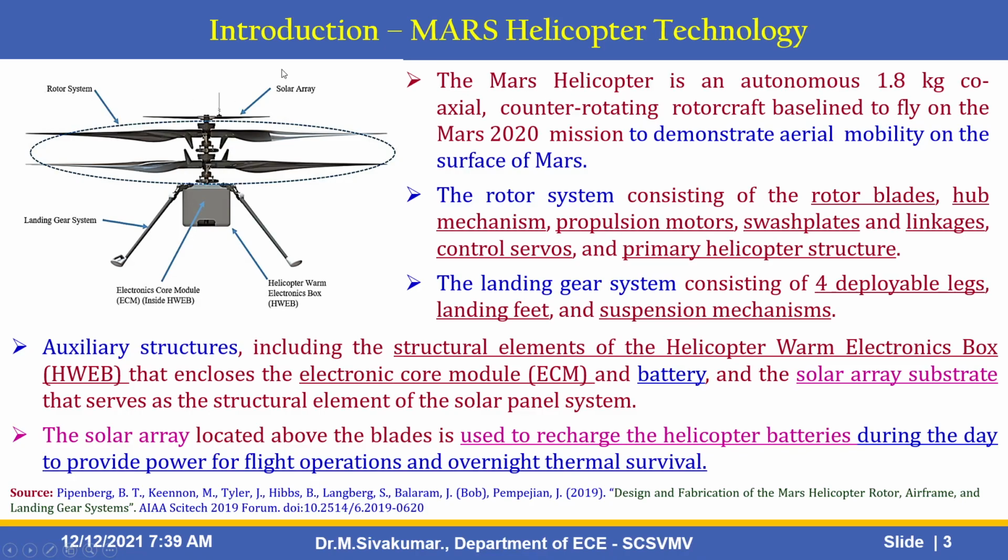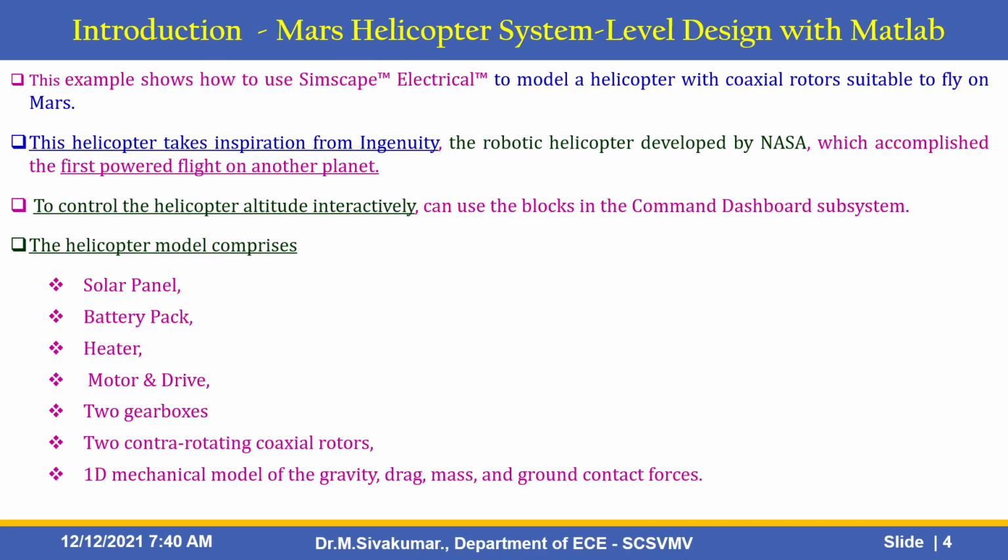The solar array located above the blades is used to recharge the helicopter batteries during the day to provide power for flight operations and overnight thermal survival. Now, how to implement this with MATLAB: an introduction about Mars helicopter system level design with MATLAB. This example includes how to use Simscape Electrical to model a helicopter with a coaxial rotor suitable to fly on Mars.